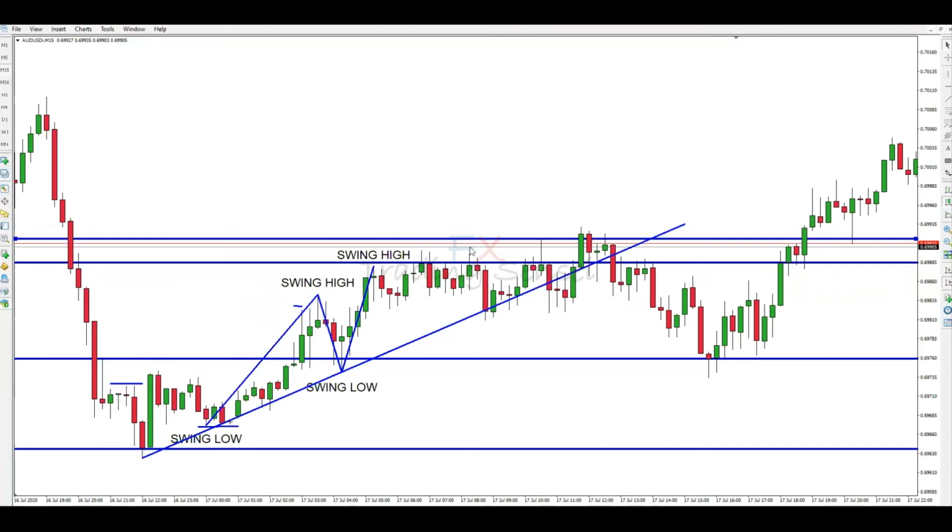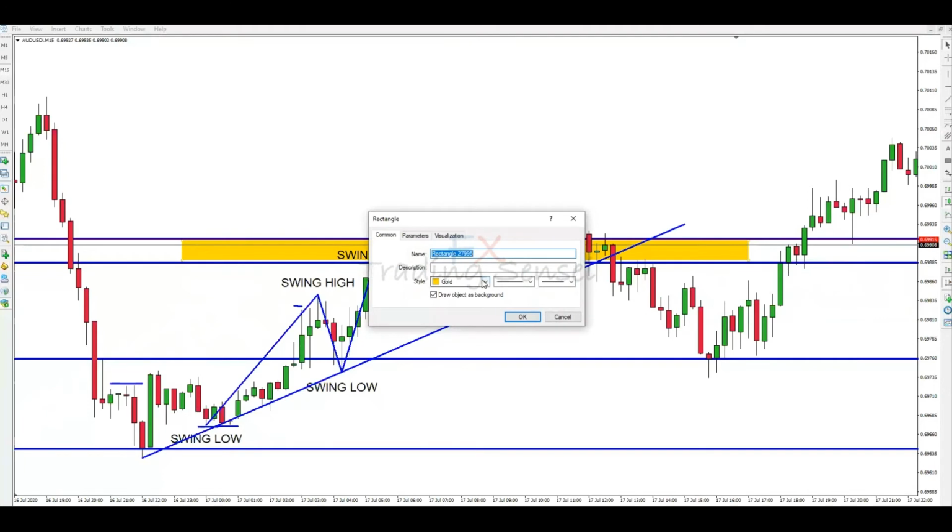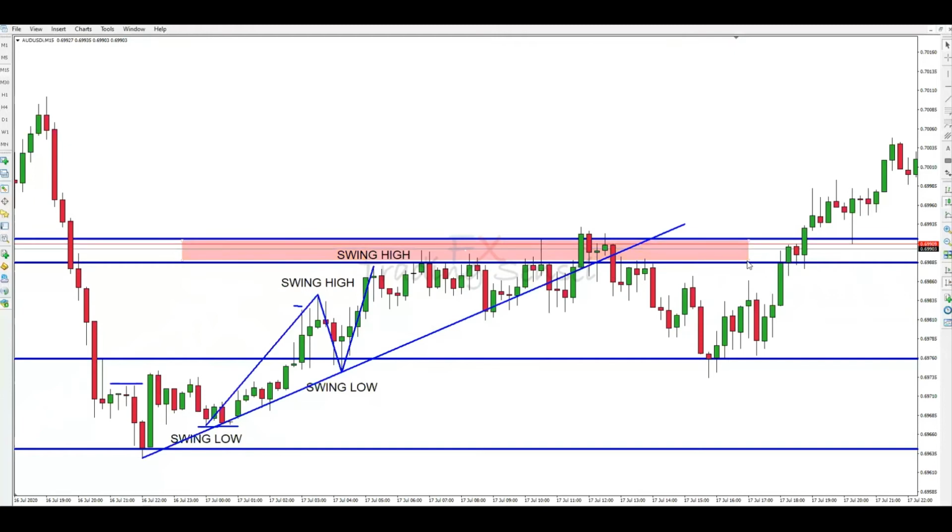So this is a resistance zone that we're looking at here. This entire region that I have marked, let me just use a red rectangle so you can see it a little better. So I'm just going to color it very light. So this is our resistance zone.